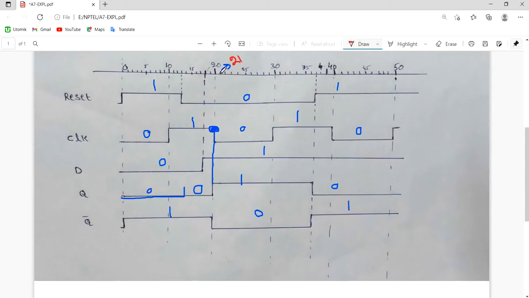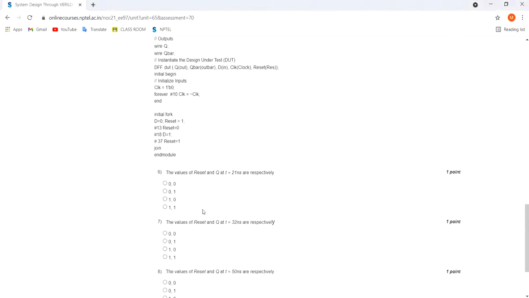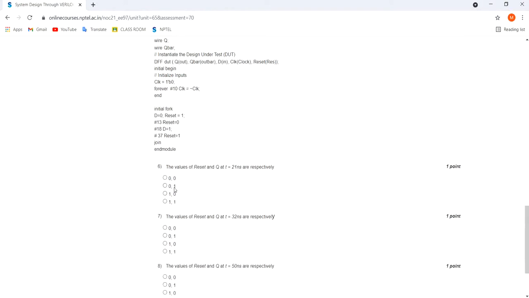At t equals 21, the reset is 0. So reset is equal to 0, and Q is high, that is equal to 1. So at t equals 21, reset and Q are 0, 1 respectively. So 0, 1 is in option B.